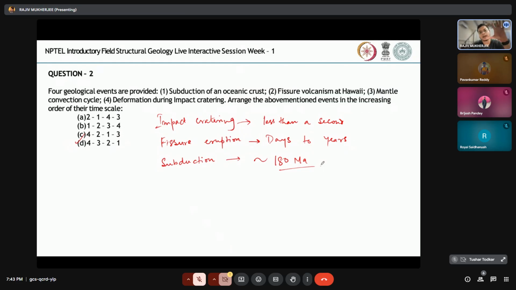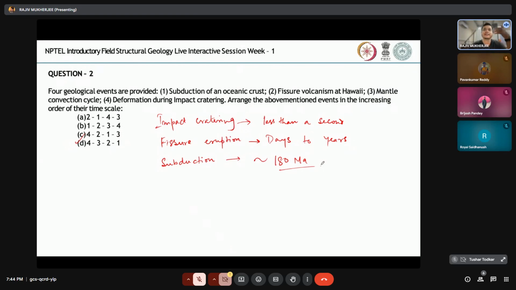A 2,000-kilometer long journey from the core mantle boundary to the Earth's upper mantle, and this takes easily more than 500 to 600 million years.